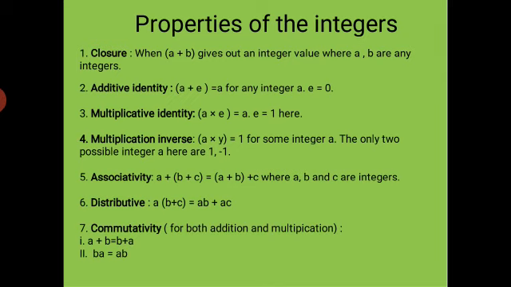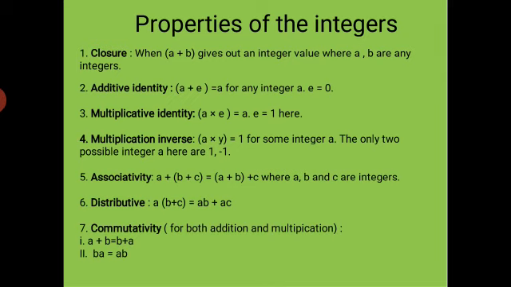You can think of this identity element e as being equal to 0. So 0 is the additive identity in the set of integers, because when you add 0 to any other integer, you get the same integer back.